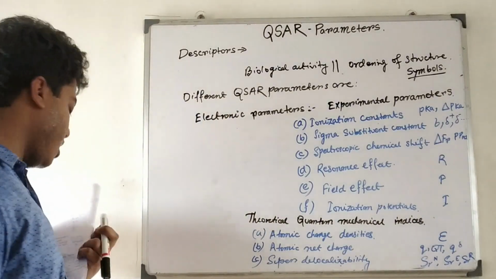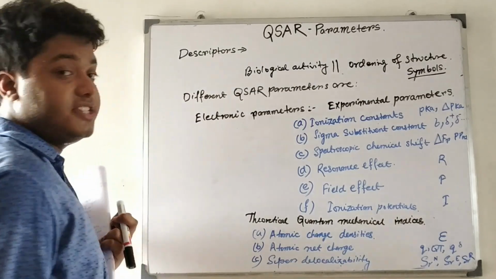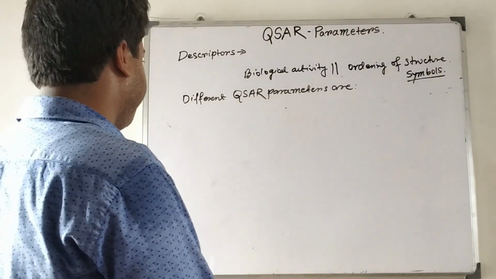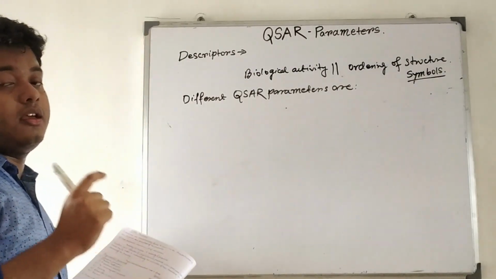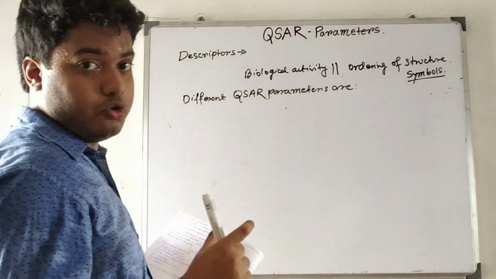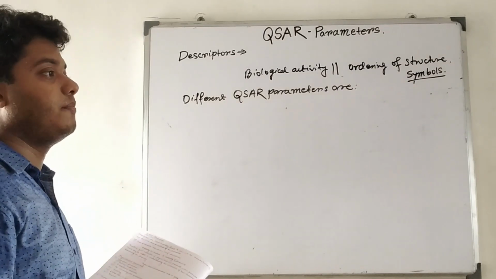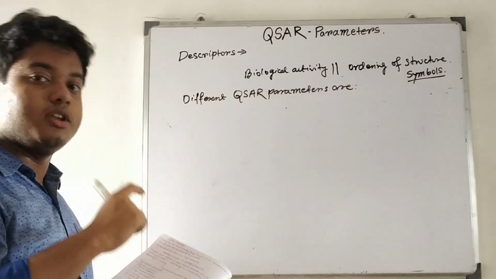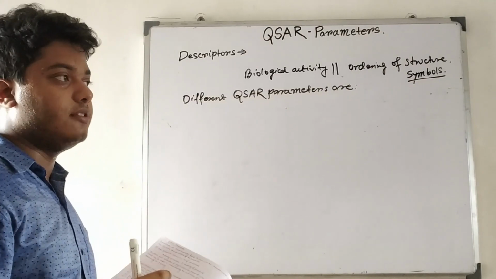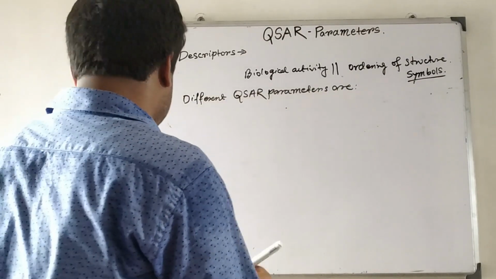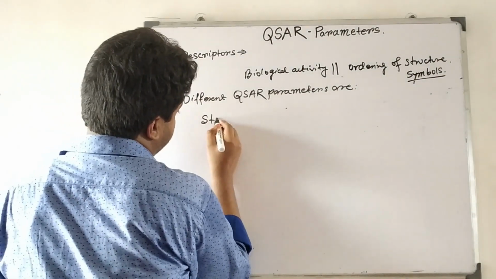Now we will discuss the steric parameters. Steric parameters are related to the substituent group, the steric hindrance, and all these properties influence the biological activity of a drug molecule.